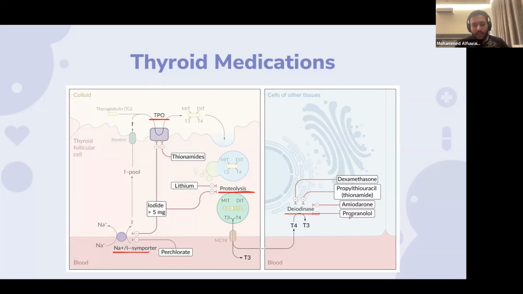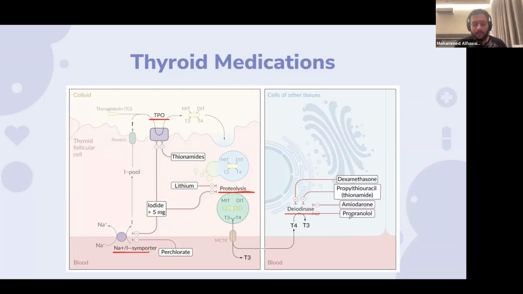Now, for these thionamides, what is the most important side effect? Agranulocytosis or granulocytopenia. Excellent, good. Agranulocytosis. Now, propylthiouracil also has hepatotoxicity as a side effect.